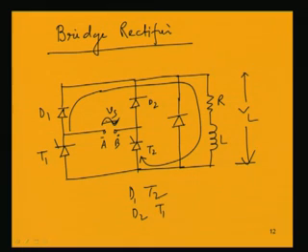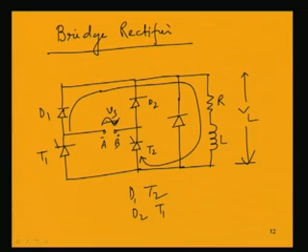So, in pairs they will be conducting and the current will be flowing through the load after firing of the thyristor, because only after firing of this thyristor T2, this loop will be complete and the current flow through this load will occur.